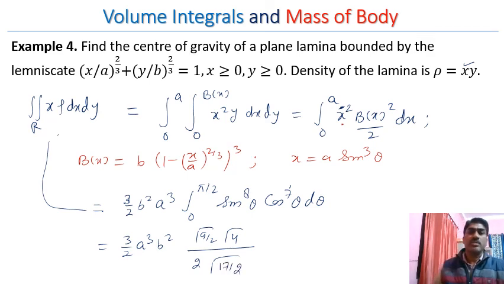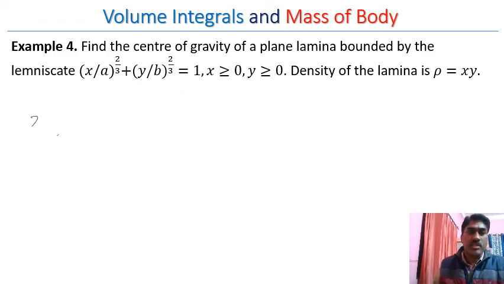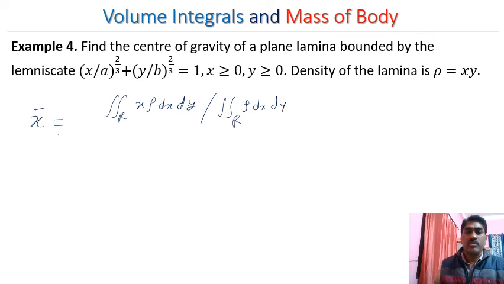So now what remains is to put these values in the formula of center of gravity. The x coordinate was defined as the double integral over the region of x rho dx dy, divided by the double integral over the same region of rho dx dy. We have obtained the values for all of this in terms of the gamma function.